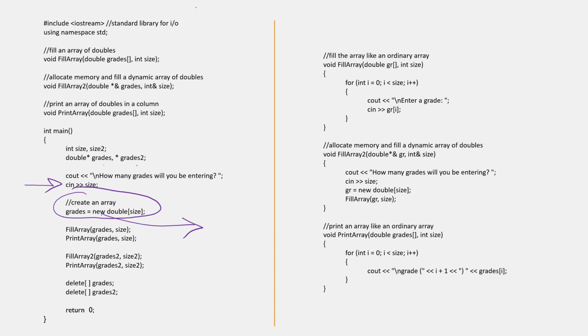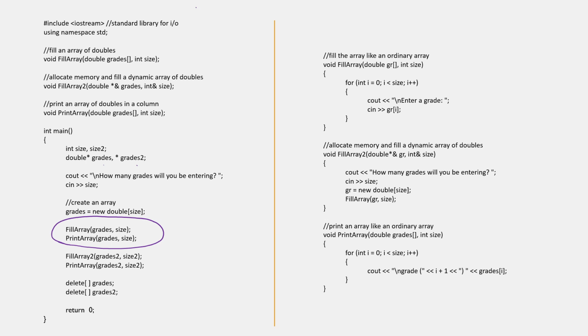Now you will see here that there are two different ways that we're filling the arrays. The first way right here is what you will be doing in your assignment. This is filling the array.